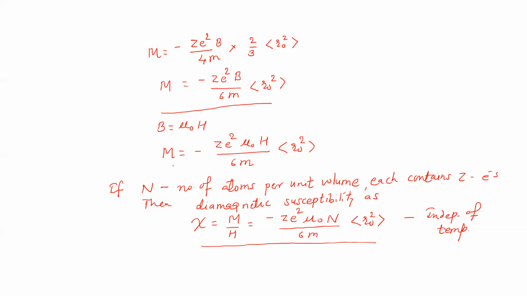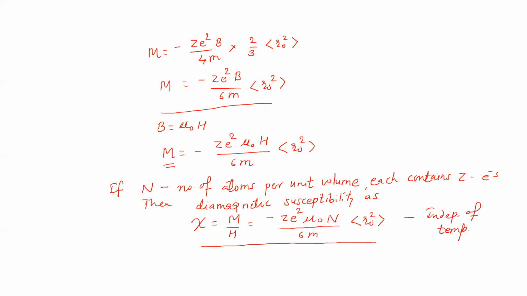Using that theory, we have obtained the expression for the total magnetic moment of the atom and the susceptibility of the diamagnetic material as minus Z square mu 0 n divided by 6m into the average value of R0 square. So this susceptibility is found to be independent of temperature. It doesn't contain the temperature factor.